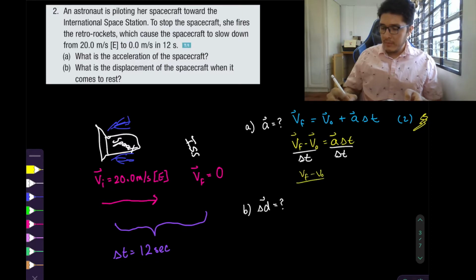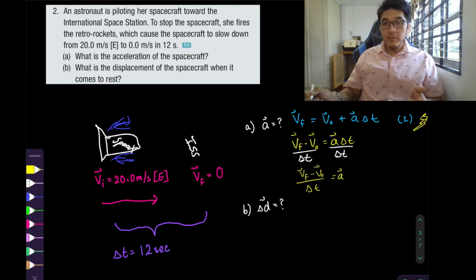V final minus V initial over delta t equals a. So this formula, we actually used it before, right? That's how we define acceleration, the change in velocity over the change in time. So you didn't have to use equation 2 in this form. You could have just used it in the original form. It's the same thing.